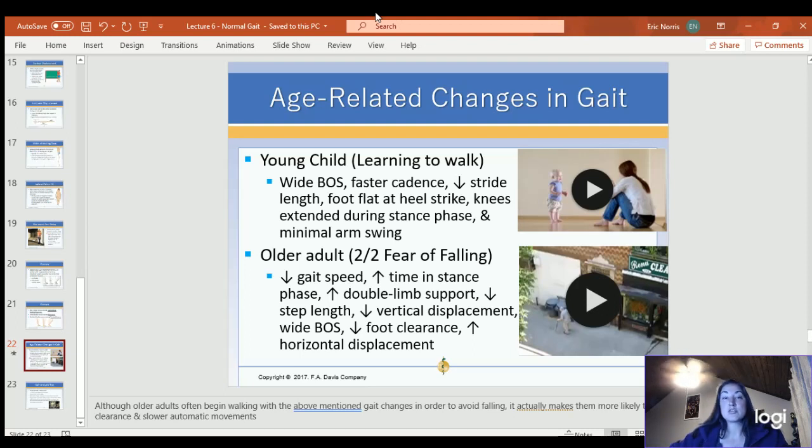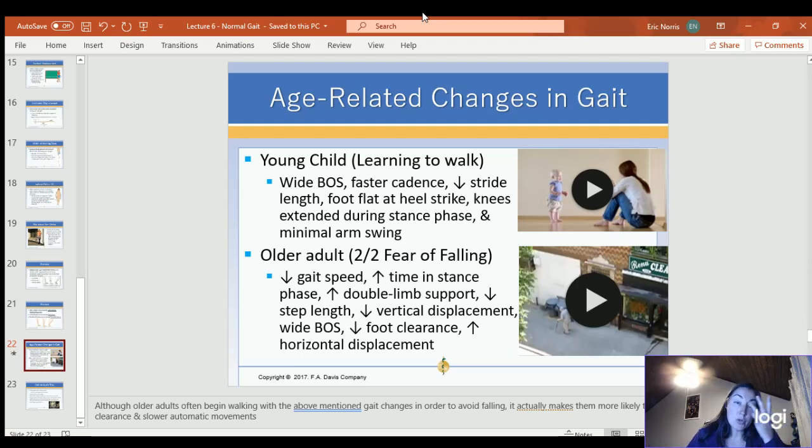Foot flat at heel strike, so they just land with foot flat the whole time. The knees stay extended during stance phase, and a lot of their movement comes actually from trunk rotation. And then minimum arm swing. Typically, they're going to hold their arms out like this in order to balance themselves. So they're really not doing a reciprocal arm swing. They're just holding them out to steady themselves.